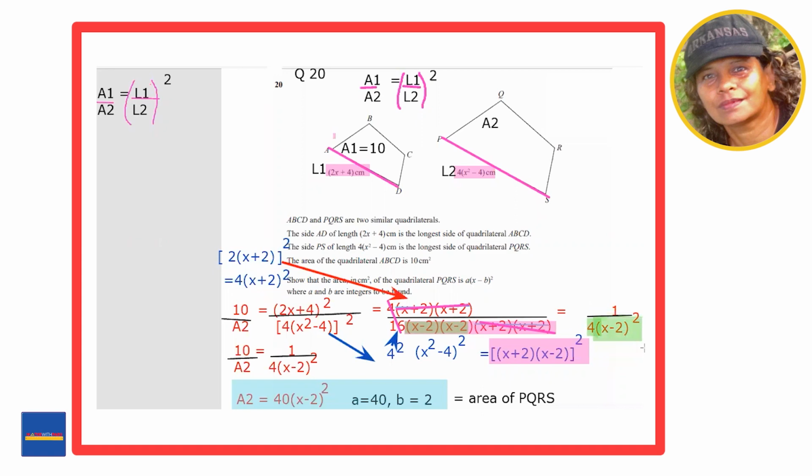Once we have that, I write that over here. Now I'm just going to cross multiply, where I have 10 into 4 into x minus 2 squared equal to A2. This is very similar to what they want us to show, which is a into x minus b squared. So a is 40 and b is 2.